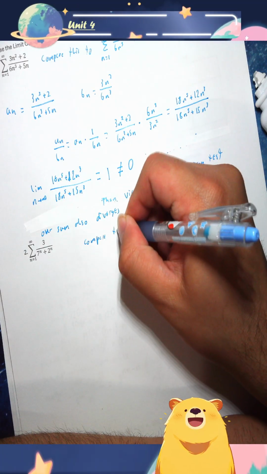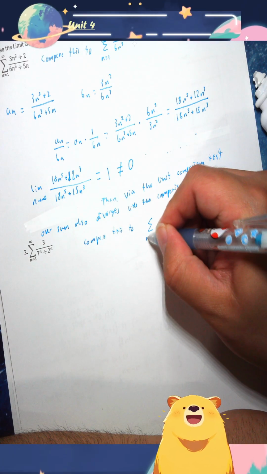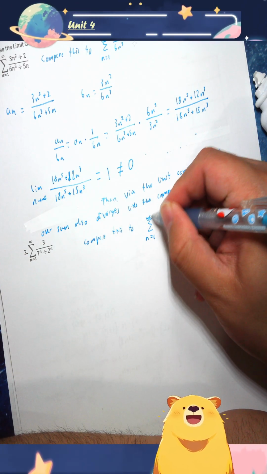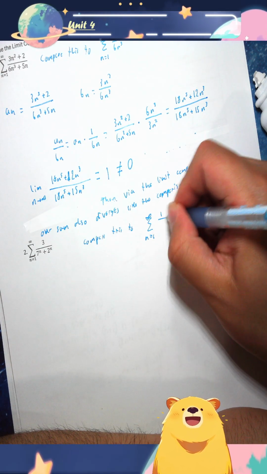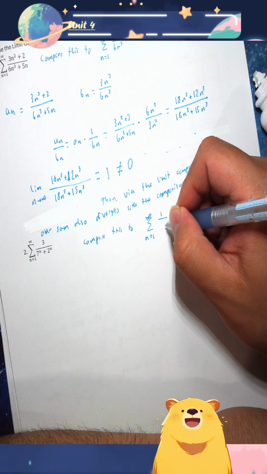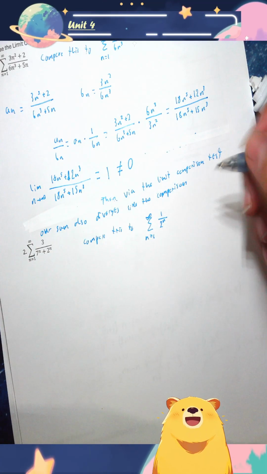Compare this to the infinite series, the infinite sum of 1 over 7 to the power of n, so I'm going to do 2 to the power of n in this example.